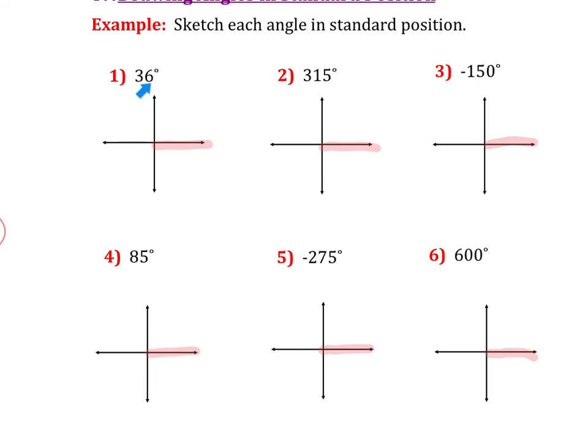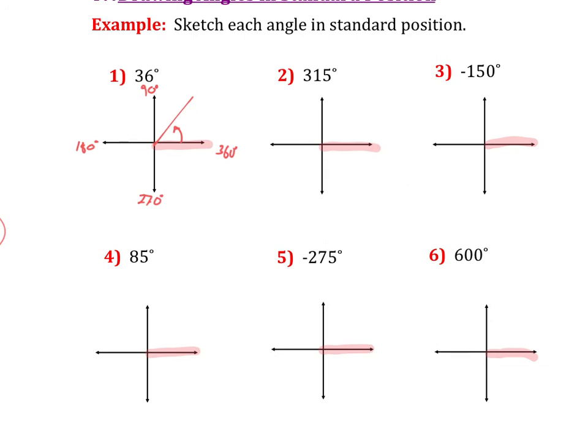Now, for 36 degrees, if I think of these coordinates of having 90, 180, 270, and then this would be 0, 360, 36 degrees, if I'm going around in a positive direction, it's not going to get to the 90 degrees. So it has to be somewhere in quadrant 1. So here's how we draw it. Bam. Draw your little arrow for direction. That's it.